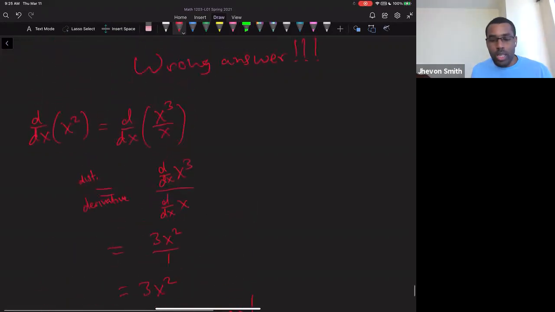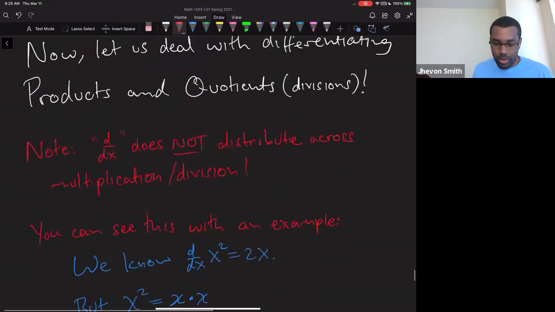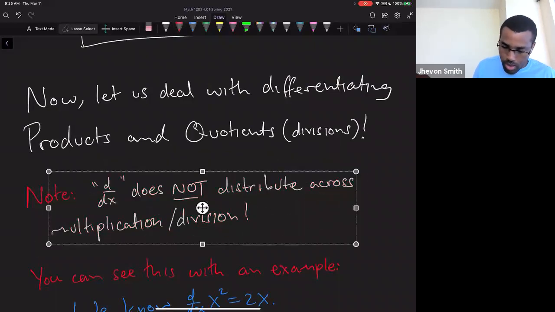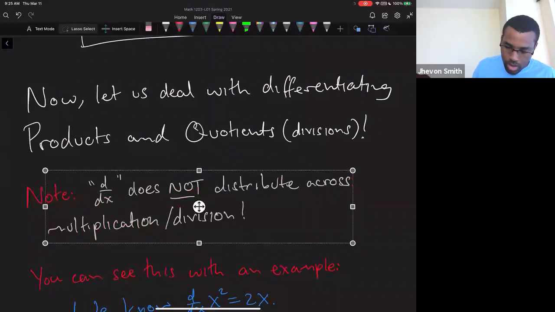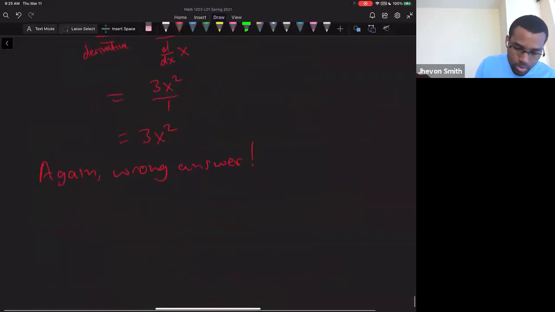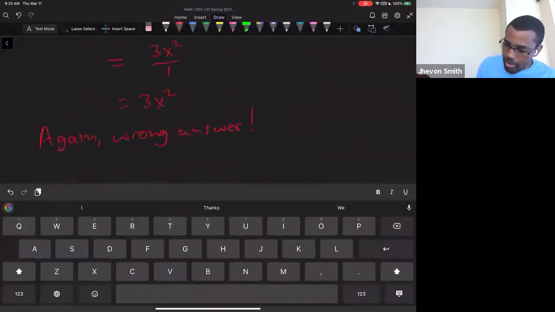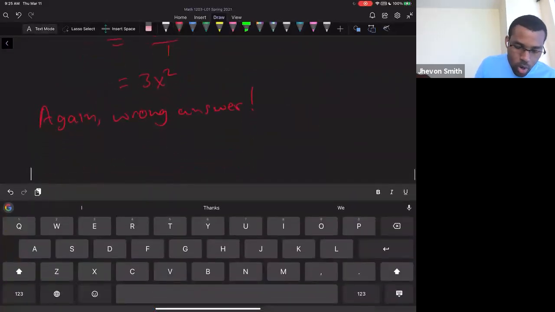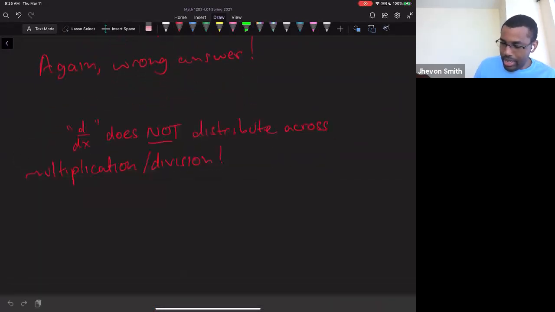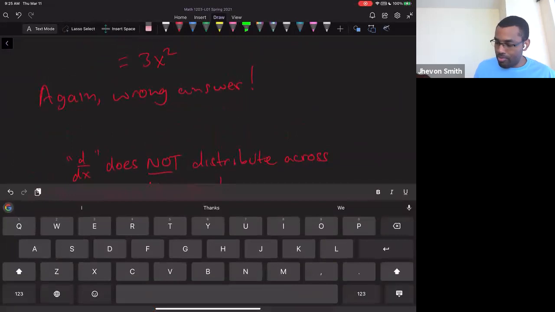So the derivative does not distribute. If I put myself in a situation where I know what answer I should be getting, and I try to do that kind of thing, it doesn't work.